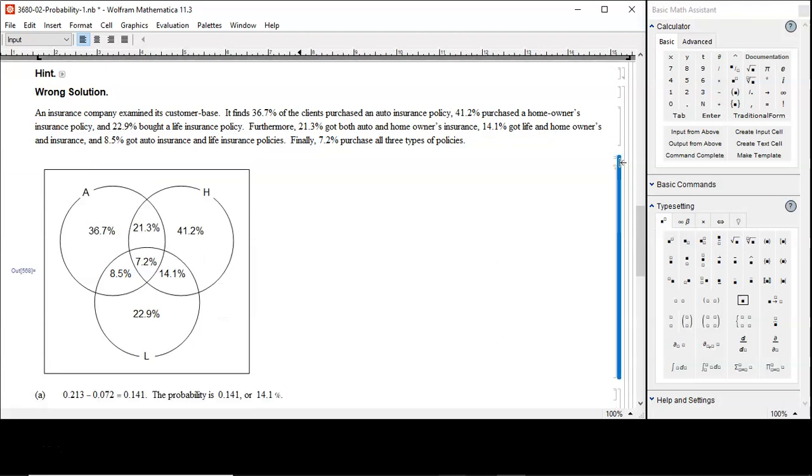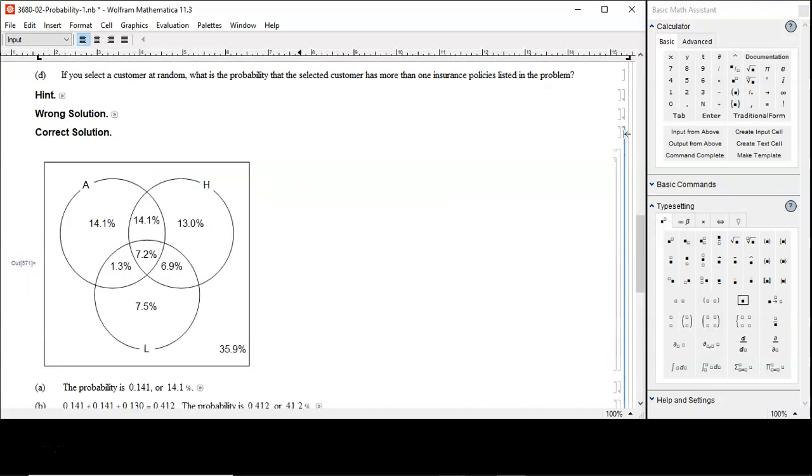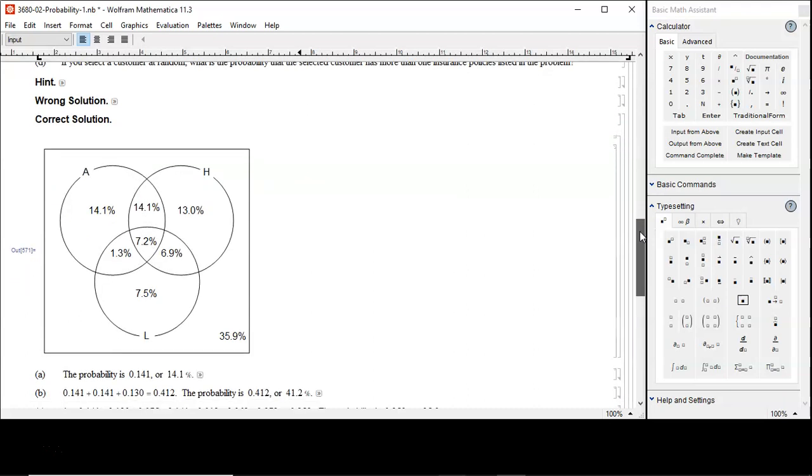Usually my suggestion is to work backward. The last one is correct. So here from 8.5 subtract away, from 14.1% subtract away, from 21.3% subtract away to get these inside. And then 22.9% is supposed to be the entire circle here, so accordingly subtract. And if you do that, you're going to get these numbers.